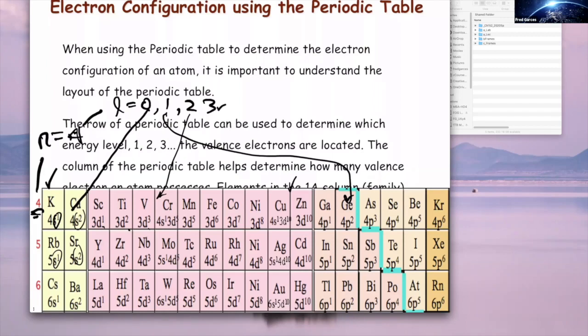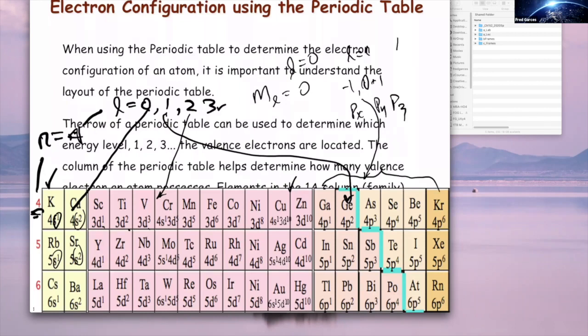And then your m sub L is going to be 0 for L equals 0. That's going to be -1, 0, and +1 for L equals 1. Those are your 3 types, PX, PY, PZ. That's these right here. And then for L equals 2, you've got -2, -1, 0, +1, +2.